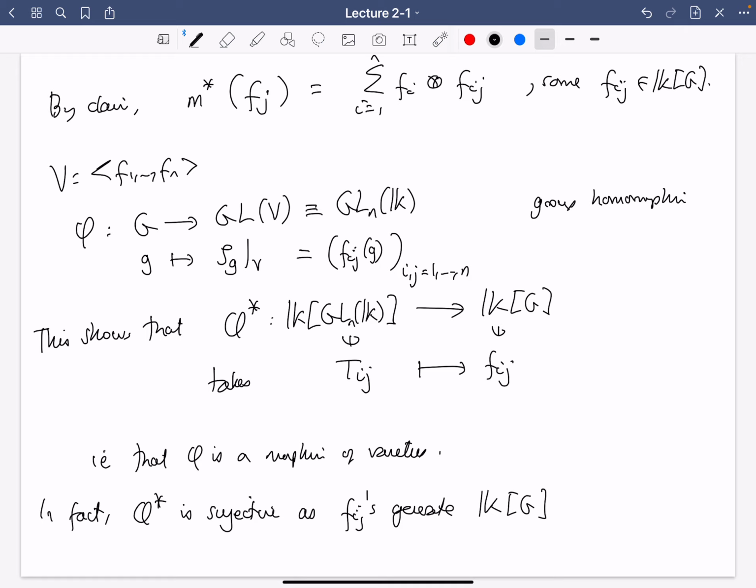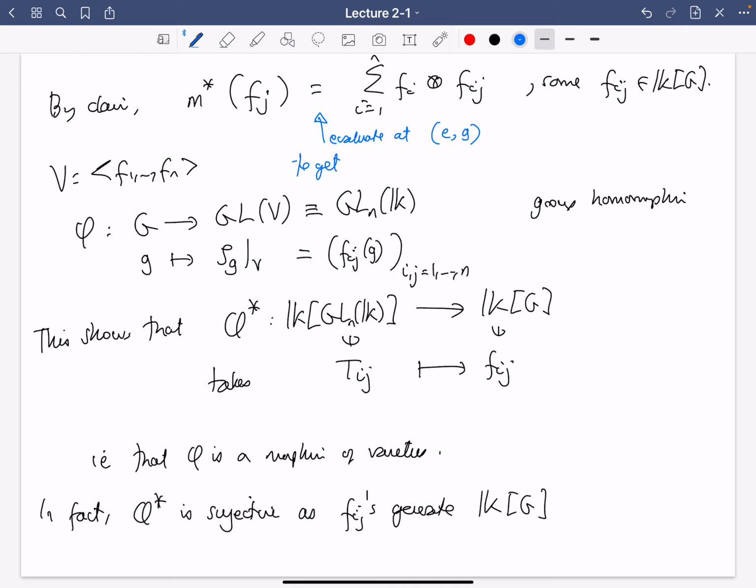Well, from this identity right here, I'm going to evaluate at E, comma, G to get, okay, that looks right.